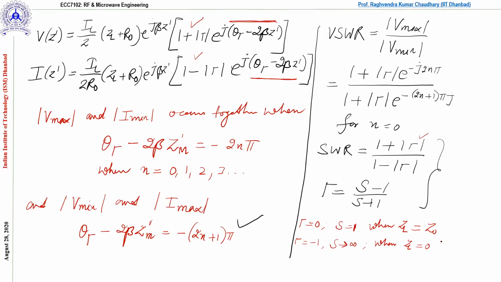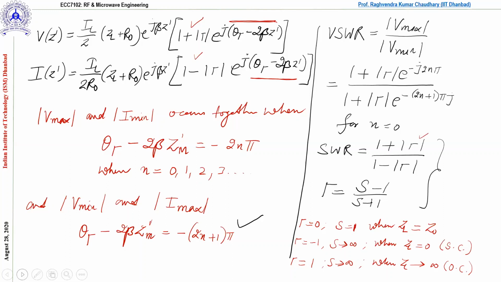Another case is the open circuit case, where gamma will be 1, and in that case also S is tending to infinity. This is coming when ZL is tending to infinity, which in short is the open circuit case. This is really very important to know.